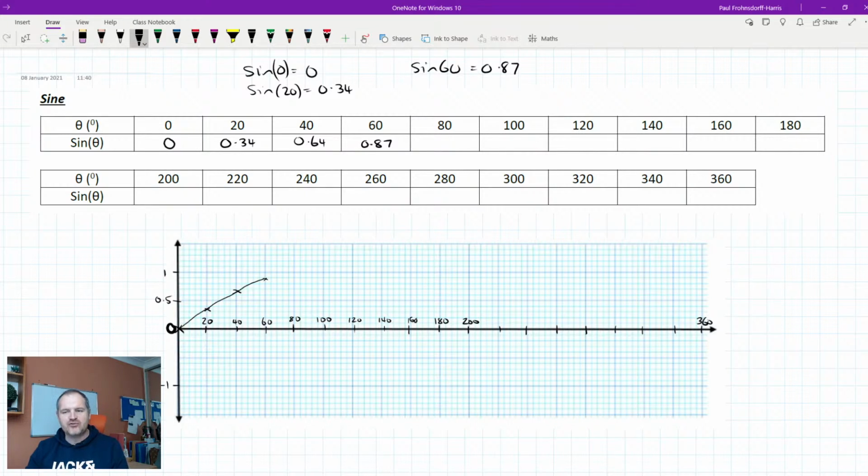And you'll have a full table, and all of this stuff is prepared for you in the worksheet in the description below. So all you have to do is click on the worksheet, print it off, start filling in numbers, and it will allow you to do the work yourself and see how this works. I strongly recommend you do these worksheets yourself, because seeing stuff really doesn't embed it in our brains.